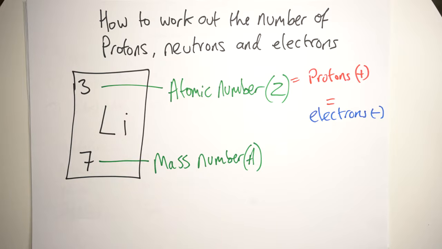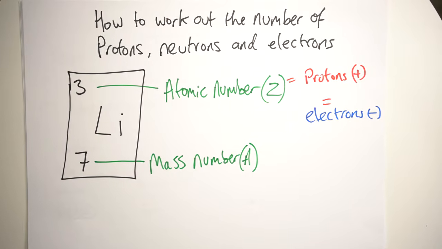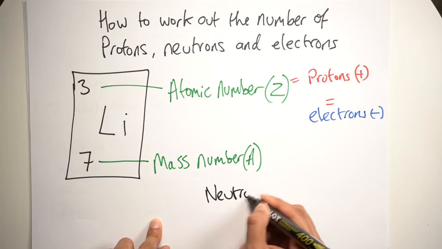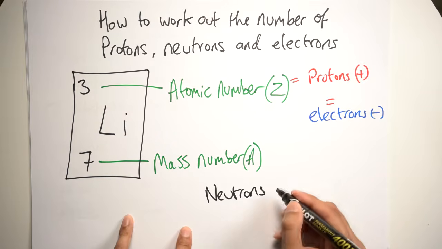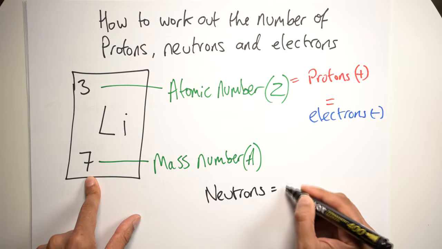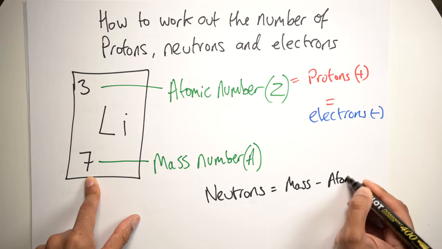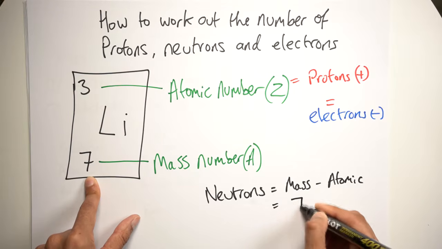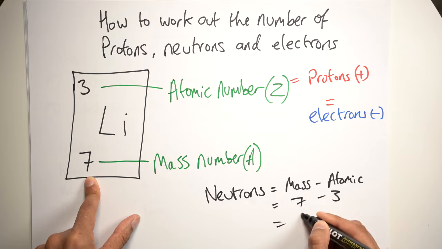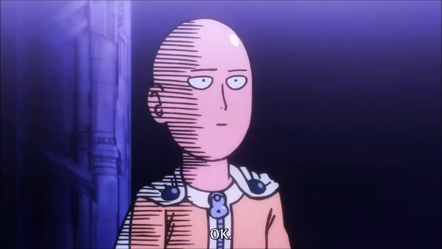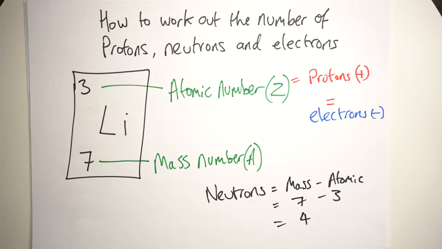Well, to work out this, what we do is this: the number of neutrons is going to be the mass minus the atomic, which is 7 minus 3, which is going to be 4 neutrons. Okay? Let's look at another example.